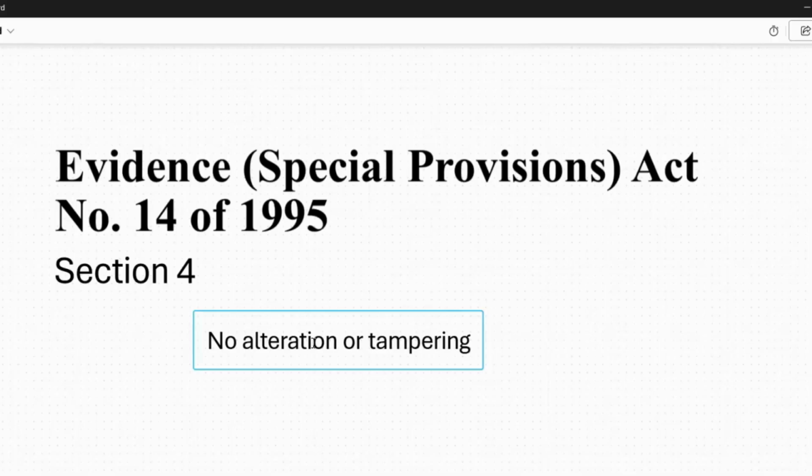For example, original CCTV footage is submitted directly from the system. If someone cuts out parts of the video or edits the audio before presenting it to court, you can't present it in court.